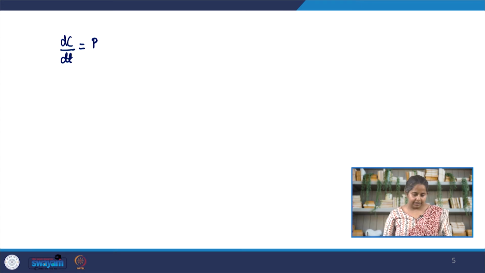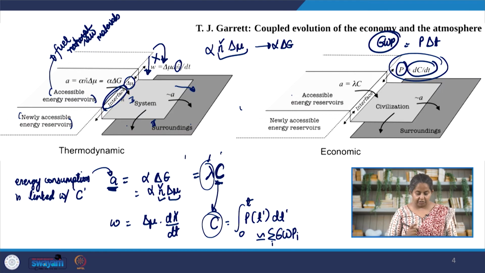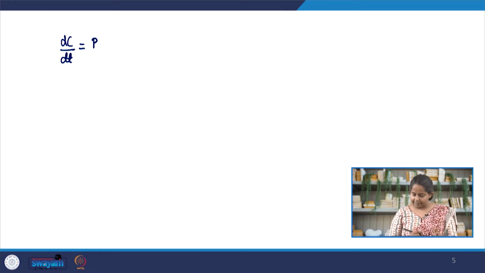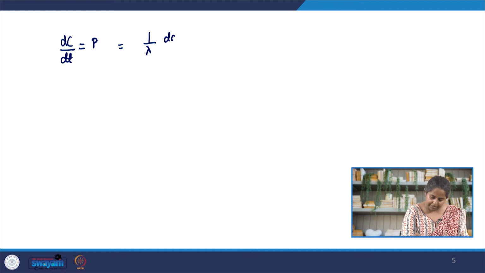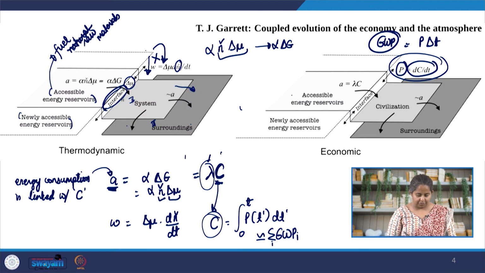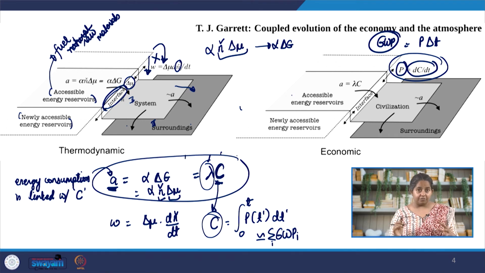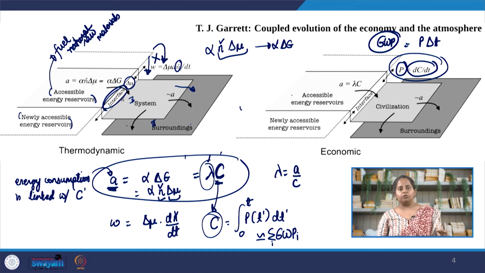And the other thing is, since productivity is dC by dt, if we put them in this system, what we get is P is also equal to 1 by lambda dA by dt. Remember, lambda gives me the ratio between A and C, the amount of energy required for a given amount of global wealth.